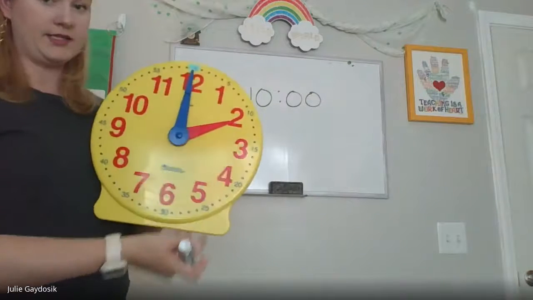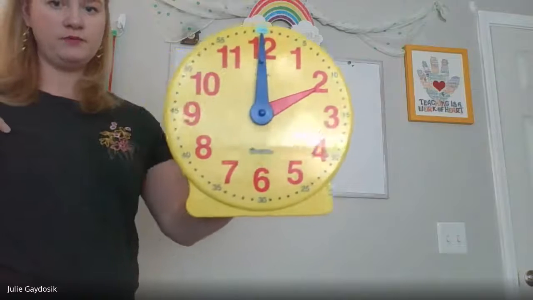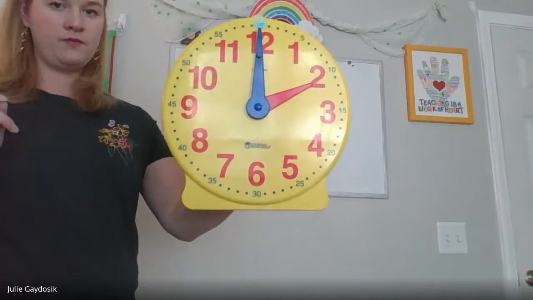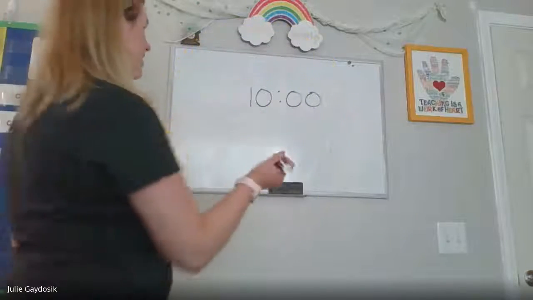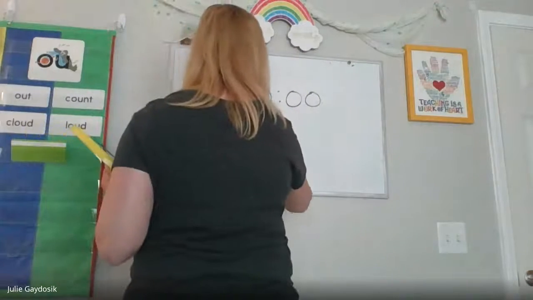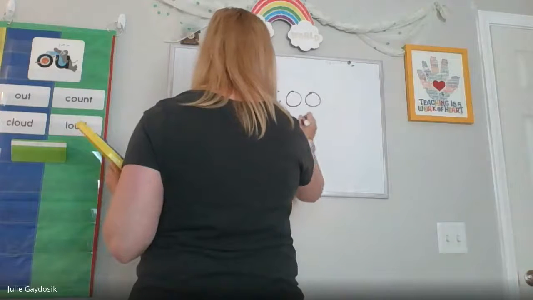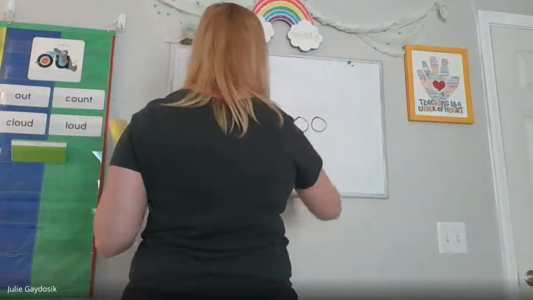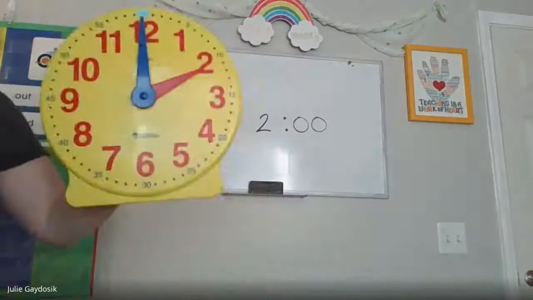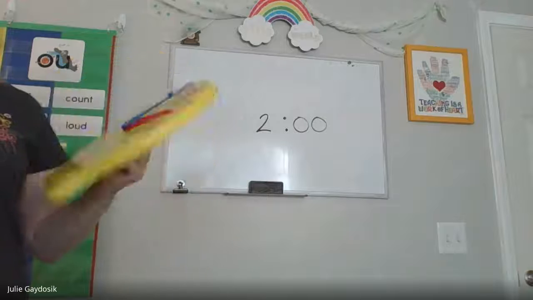What time is this in digital form? Good. The time is 2 o'clock. Okay. The time is 2 o'clock. Good. 2 o'clock.